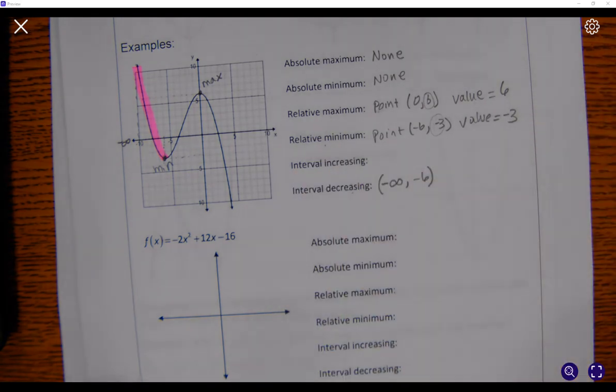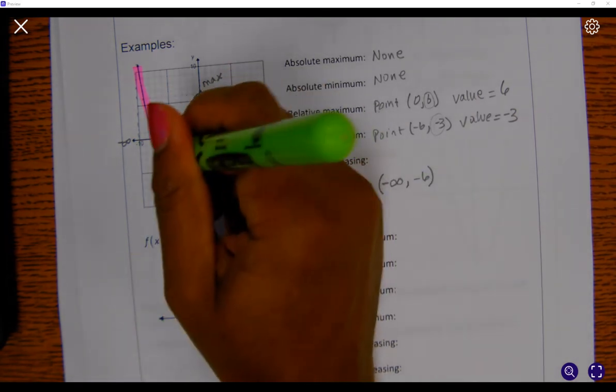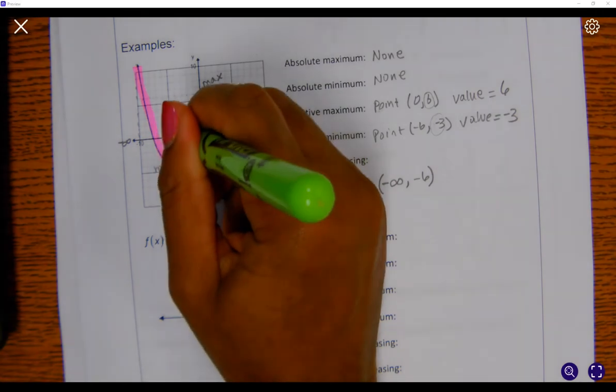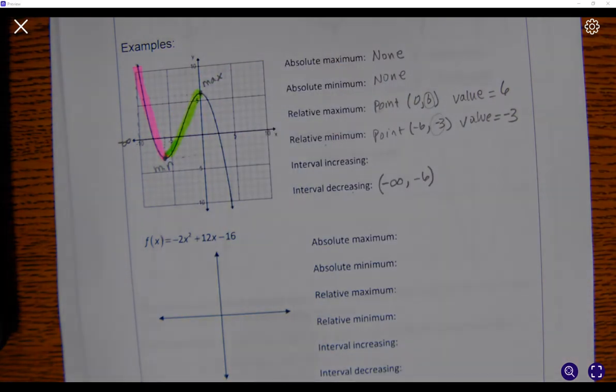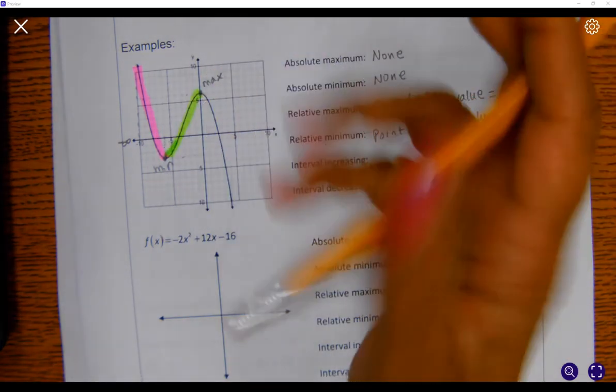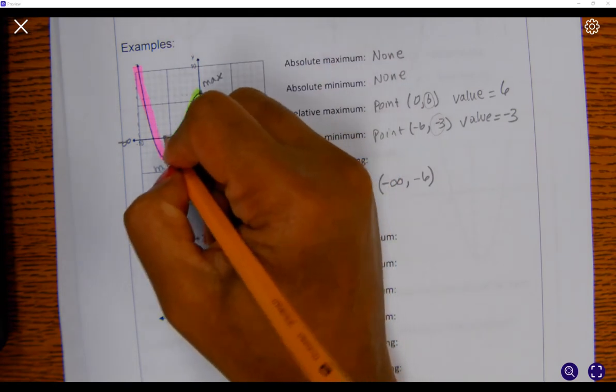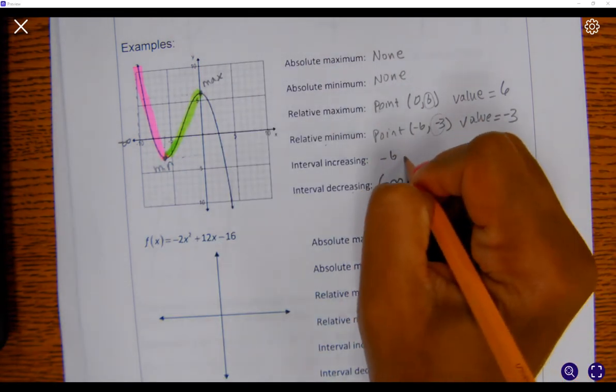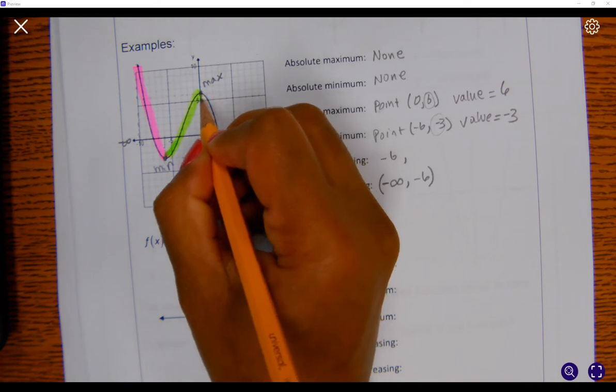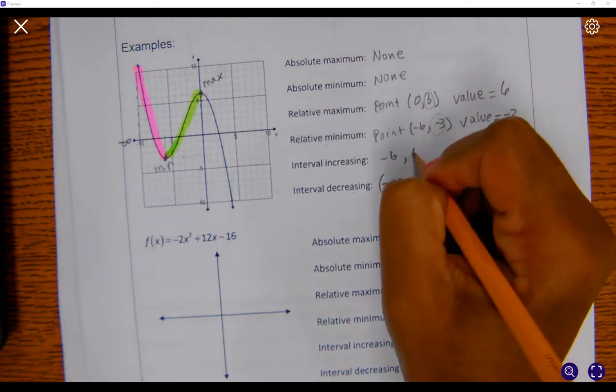And then your function changes, right? It changes directions from this point and it starts increasing over here until this critical point over here. So it's increasing on the x-axis from -6 until 0.